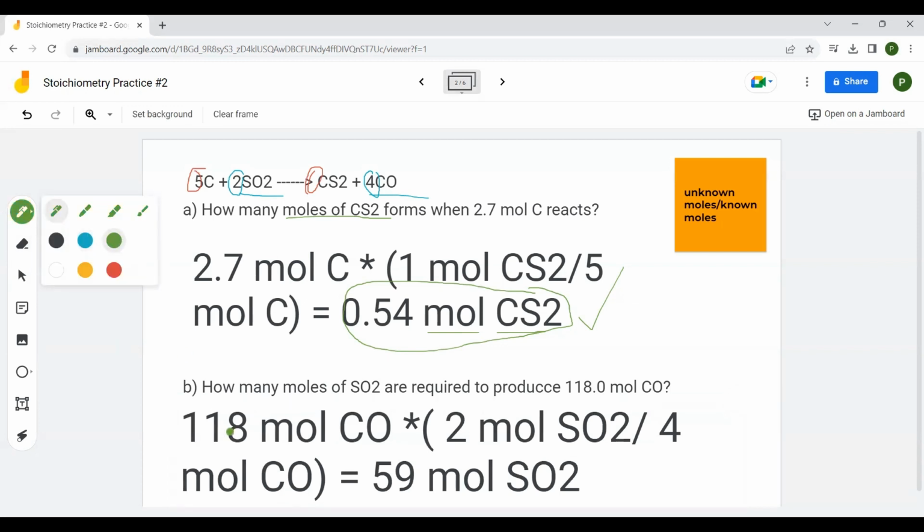Like we always do at the end, I'm going to look back at this and see that it wants moles of SO2. I'm going to see that I have mole and that it's SO2. And now I know that I'm done.